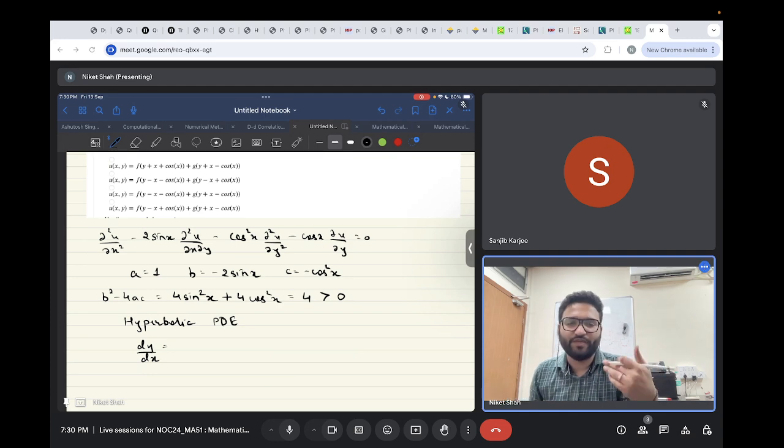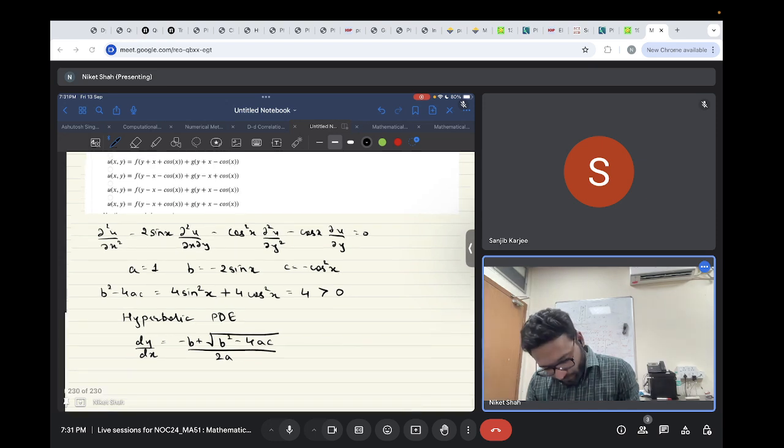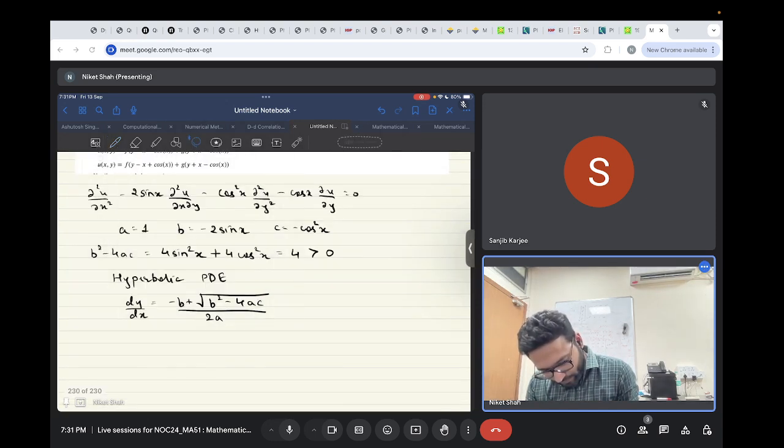We solve that differential equation, the ODE basically, to get our eta and zeta. So let's do this first: minus b plus square root of b square minus 4ac by 2a. Let's do it simultaneously actually.